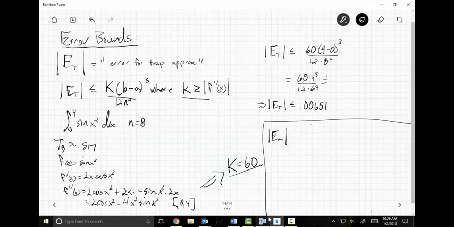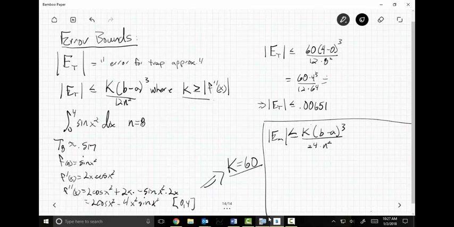Okay, the error bound for the midpoint is exactly the same thing, only it's going to be less than or equal to k times b minus a cubed over 24 times n squared. Now, if you look, that's a 12, that's a 24. Hey, guess what? The midpoint has an error that is half as much, so it's twice as accurate.